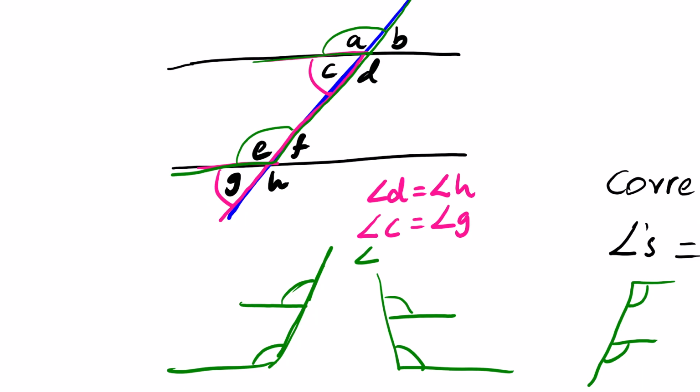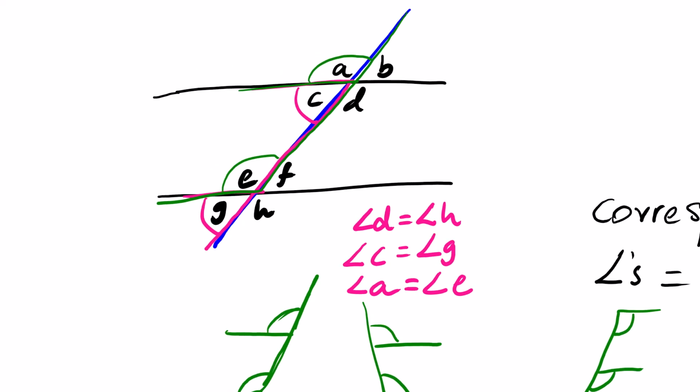So angle A is equal to angle E. Looking at another F, we have this. So this angle and this one are also equal. The last one, angle B is equal to angle F. This is what we call the corresponding angles. They are equal to each other.